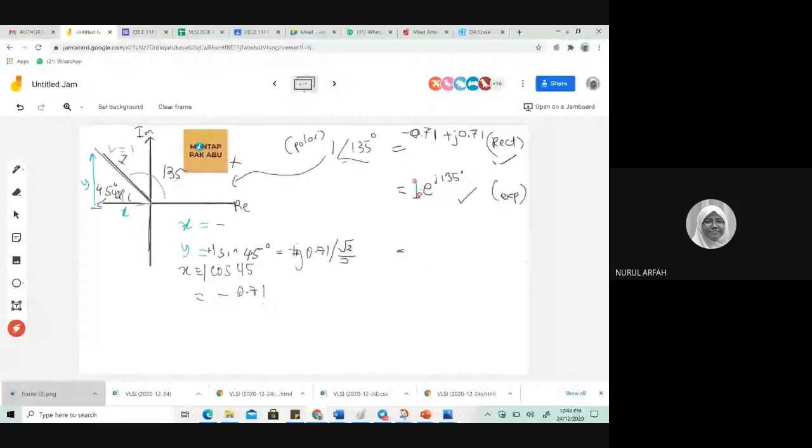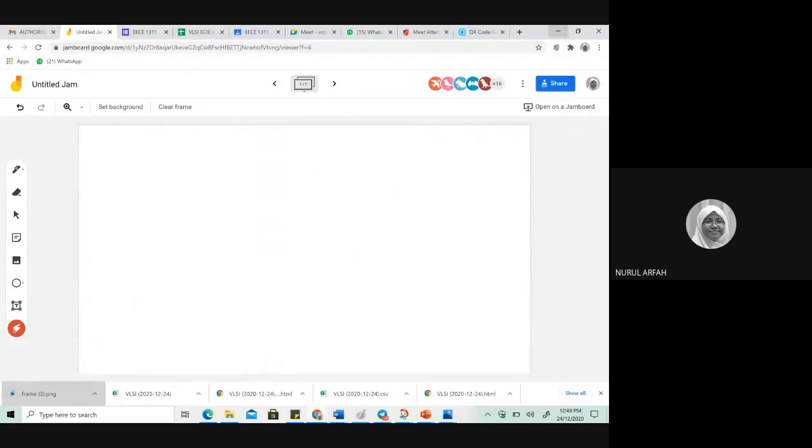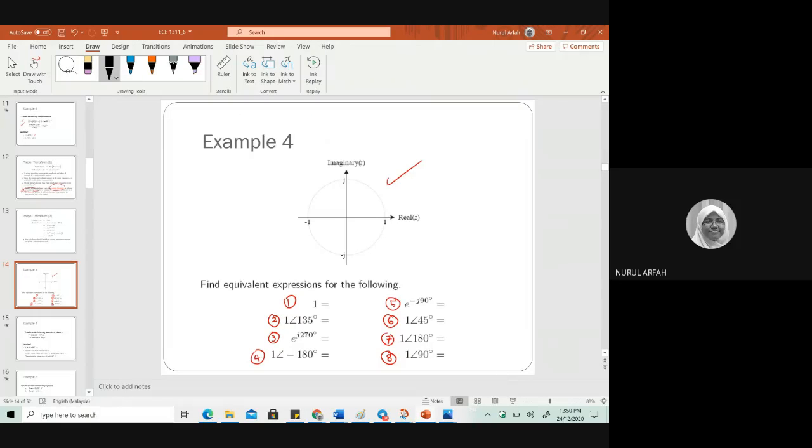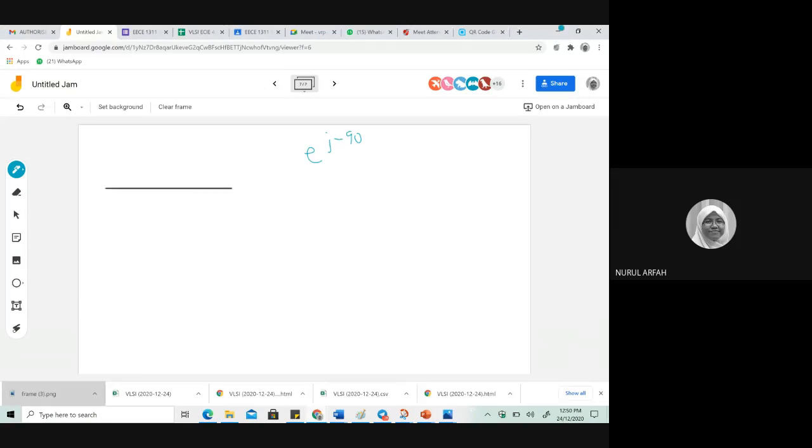Okay, go to page number 7. e to the J negative 90 degree. Okay, this is in exponential form. So you're going to write it in terms of polar form, and then in terms of what else? Rectangular form.